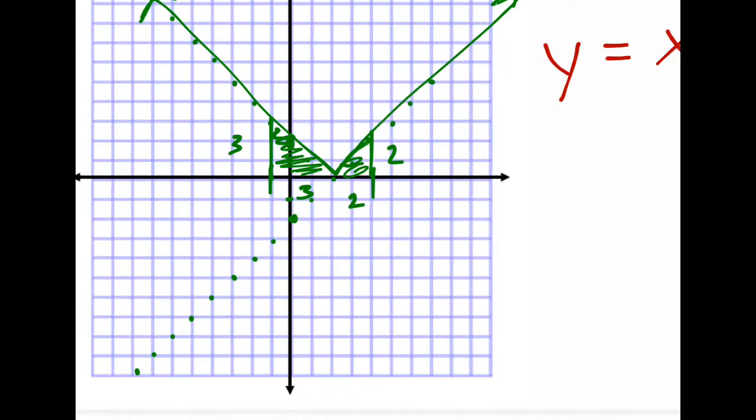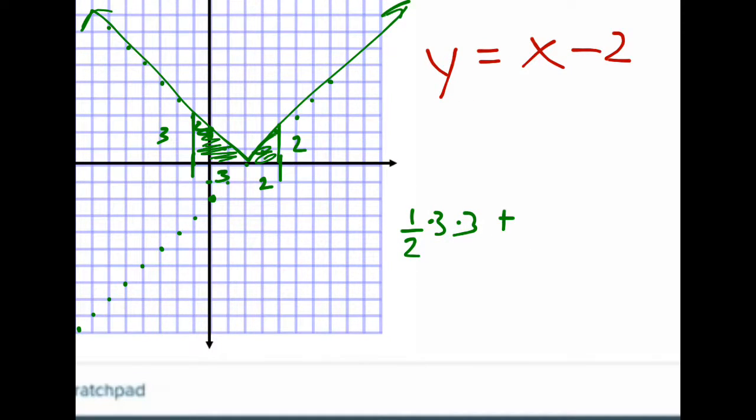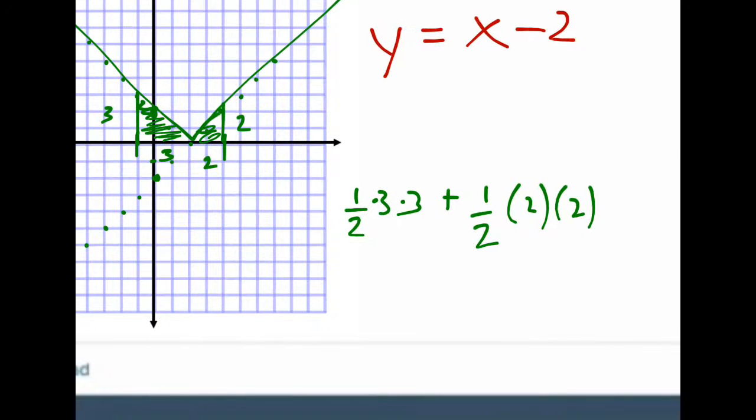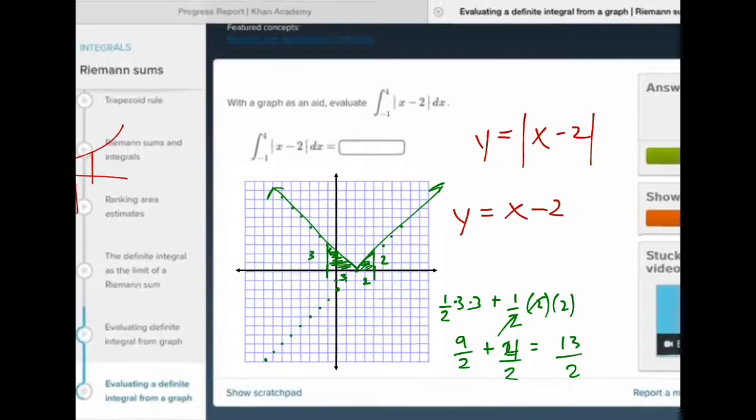So 1/2 times base times height: 1/2 times 3 times 3, plus the other area, which is 1/2 times 2 times 2. I get 9 over 2 plus 4 over 2, which is 13 over 2. So that's the area there.